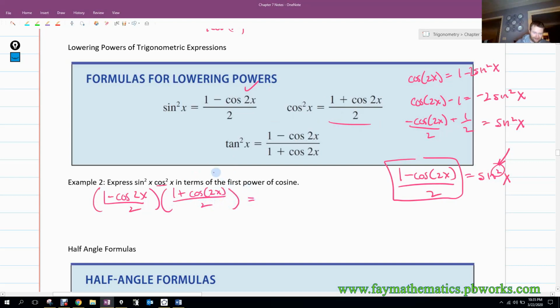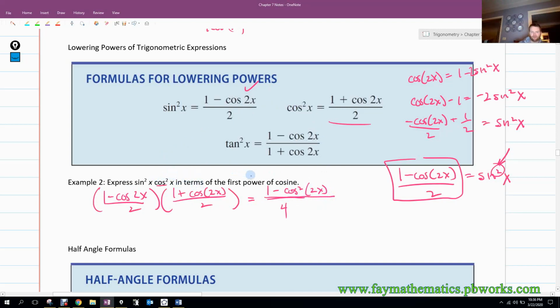The nice thing about this is that these are actually conjugates. Now when I do this, for this example, the denominator is going to become 4. Conjugates mean I just multiply the first times first, and now last times last, so getting minus cosine squared of 2x.